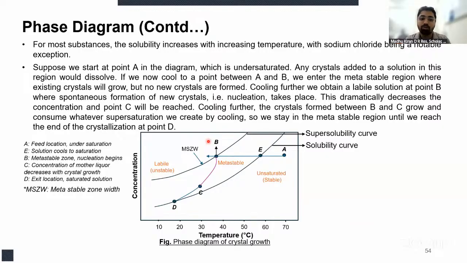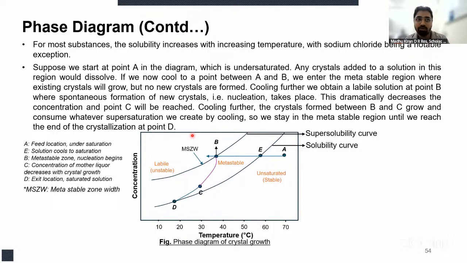So a lot of supersaturation is consumed for the formation of this type of nuclei, and it happens very fast and in an uncontrolled manner, because whenever this happens, we cannot control the rate at which the nuclei are formed.